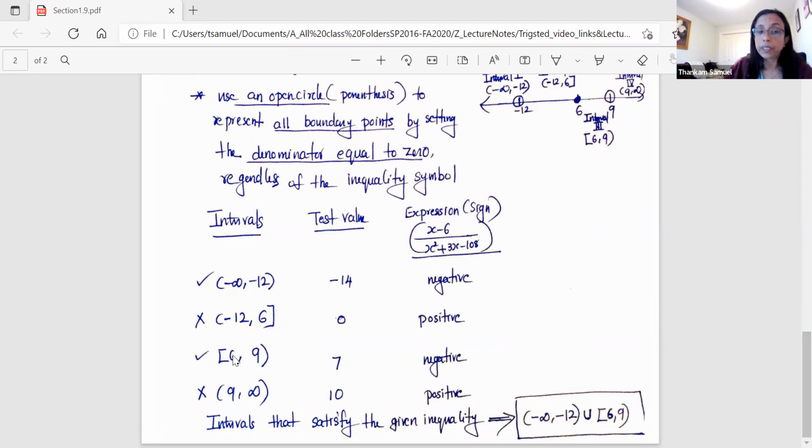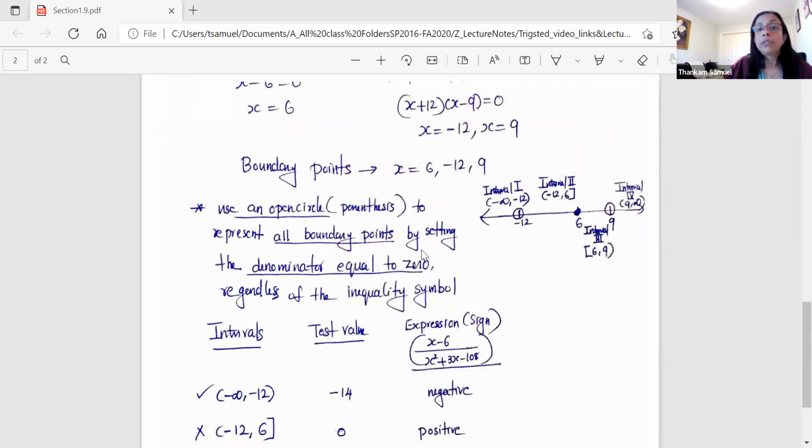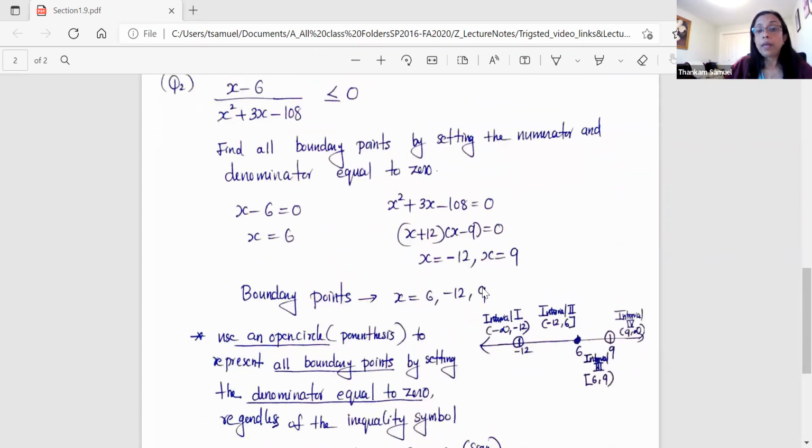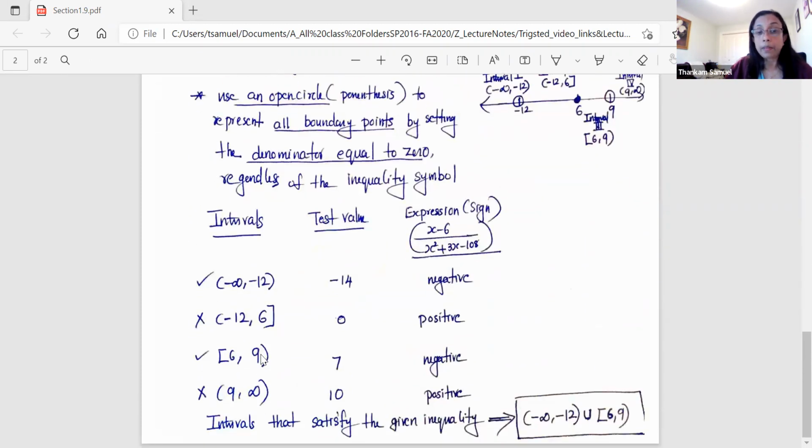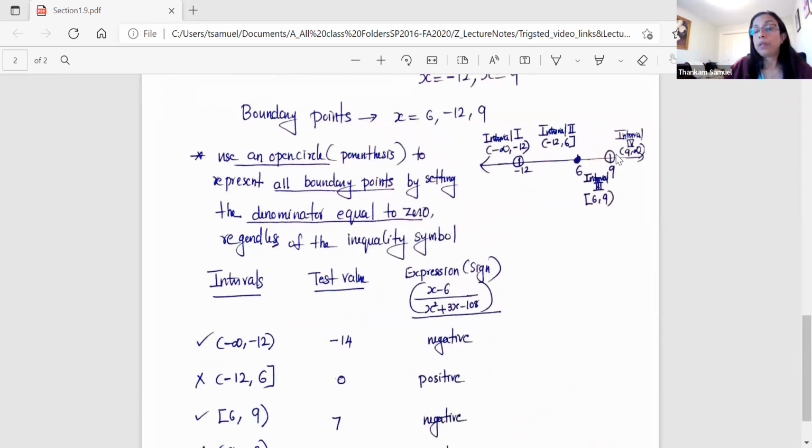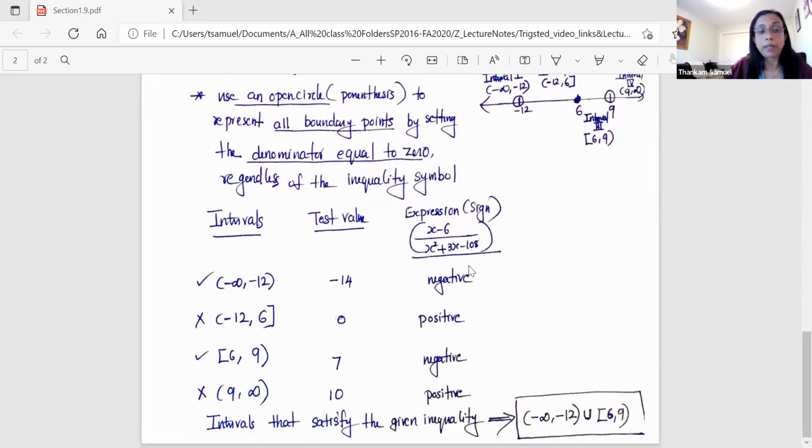Use a bracket for 6 because it is a boundary point in the numerator, and 9 is a boundary point in the denominator, so use a parenthesis. Then the fourth interval is 9 to infinity, with a parenthesis at 9. For infinity and negative infinity, we always use parentheses.